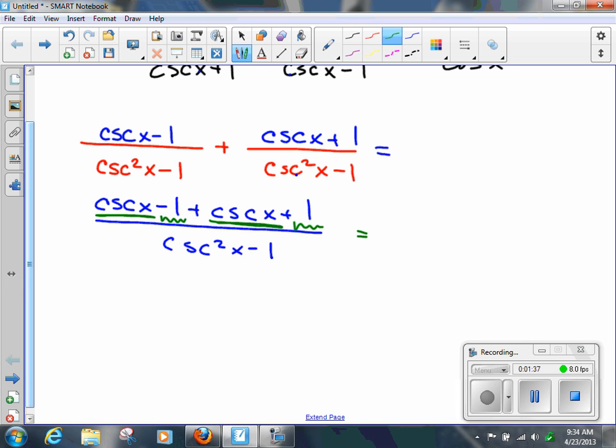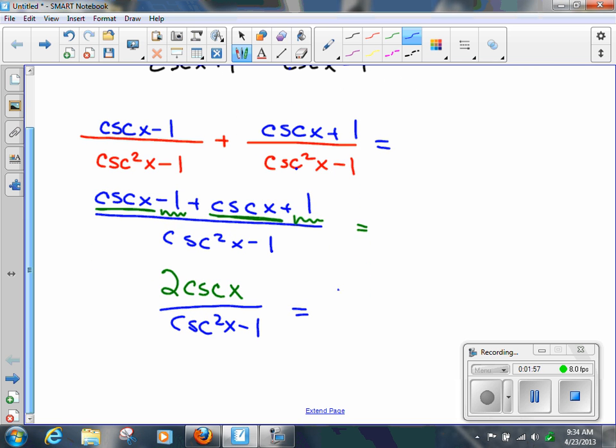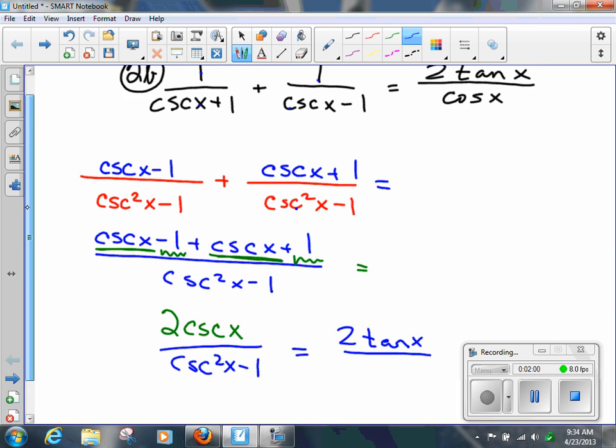I have 2 cosecant x's. So I'm going to write 2 cosecant x. What happens to my 1's? They cancel out. So that leaves me with 2 cosecant x over cosecant x minus 1, which is equal to 2 tangent x over cosine x.